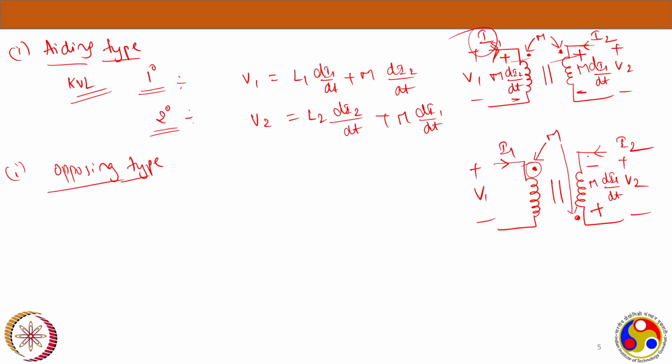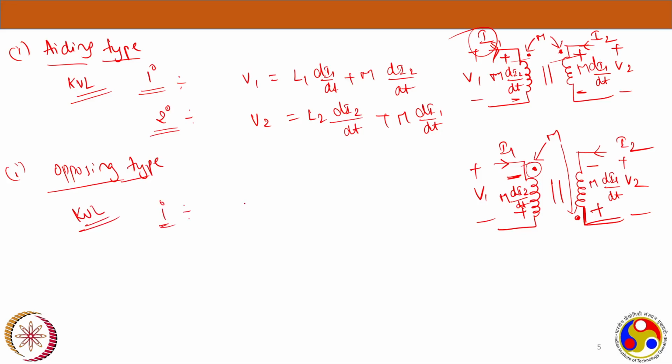Now if you see coil 2, the current is leaving the dotted terminal, so it will induce a voltage in coil 1 having negative polarity at the dot and positive polarity here, where the magnitude is M dI2 by dt. Now let's quickly write the KVL equations of primary and secondary.